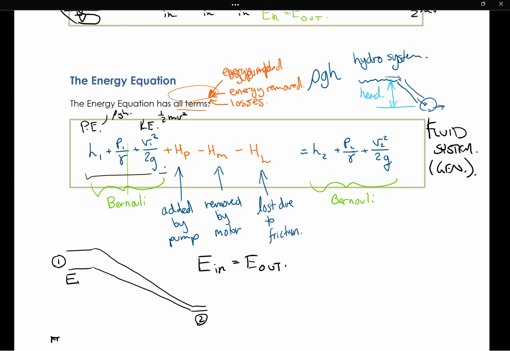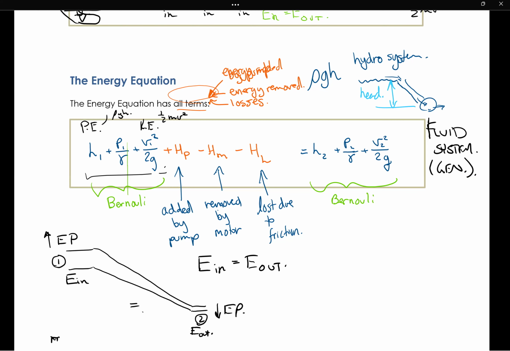So the energy in and the energy out, energy is not created or destroyed. It only changes form. Those are going to equal each other, but we see there's a lot more potential energy here than there is down here. So it must have changed into something else. Increase in the kinetic energy, for example.